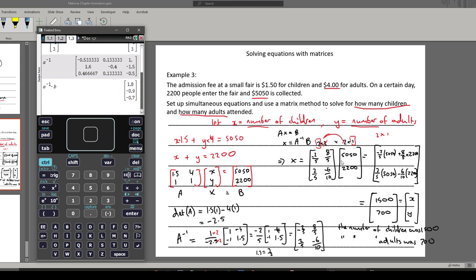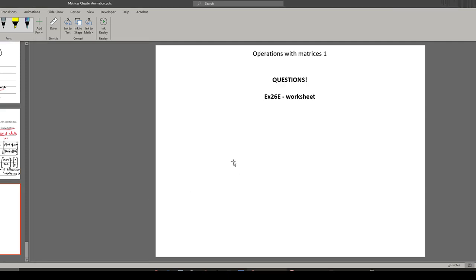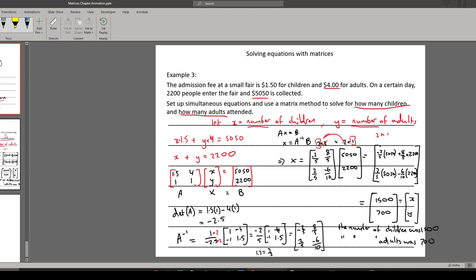You definitely can do it on CAS, just like the problem we did before. Okay, and that now brings us to, you need to do this worksheet. Okay, 26E worksheet, you'll be able to approach that now.